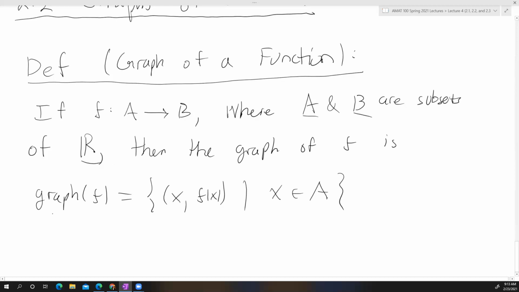And we define the graph of f as the set of all ordered pairs (x, f of x), where x comes from the set A. So this is obviously the x coordinate, and the f of x is going to be our y coordinate.